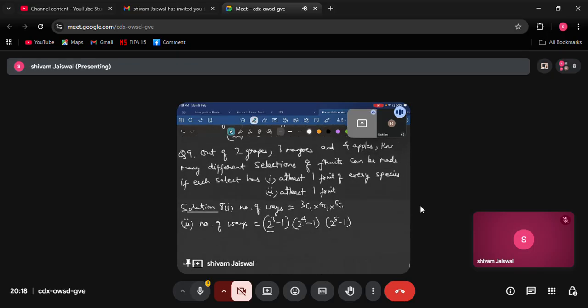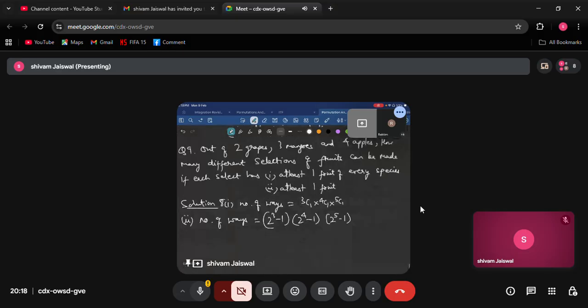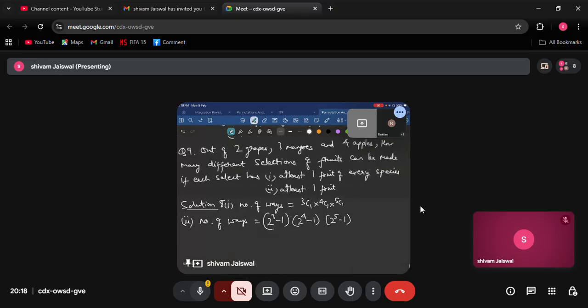Go and solve number 9. Those who have solved number 9, I'll post number 10. Anandit, 8 part 2 is correct. You people solve 9.